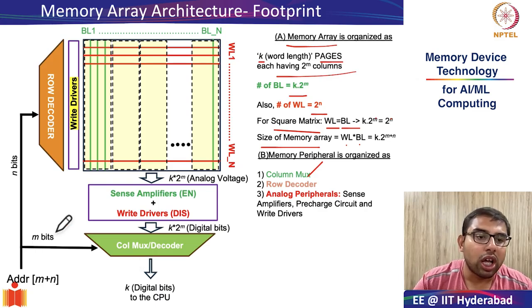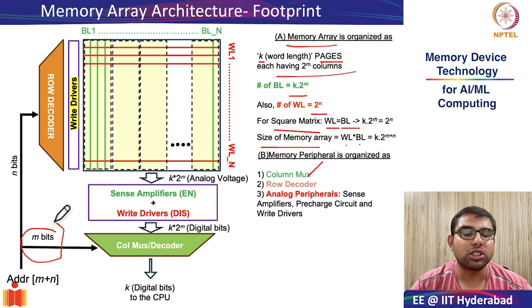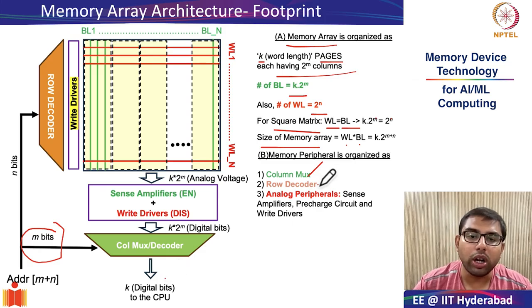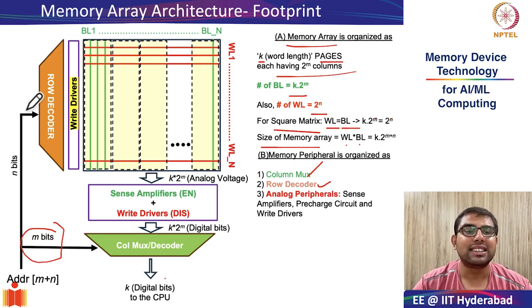Depending on the address that was asserted, you are able to either read or write just K bits. Next is your row decoder. The job of the row decoder was to select which one of the word lines is to be enabled or selected for the readout or write.